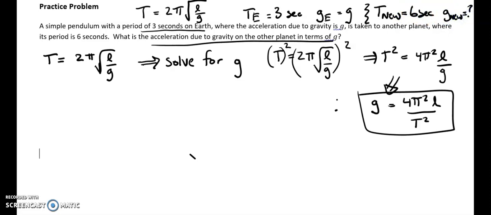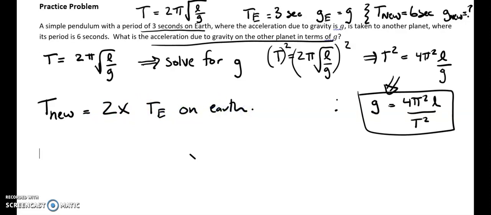What factor is the period changing by? It looks like it's doubling, going from 3 seconds to 6 seconds. So the period on nu is going to be 2 times the period on Earth.